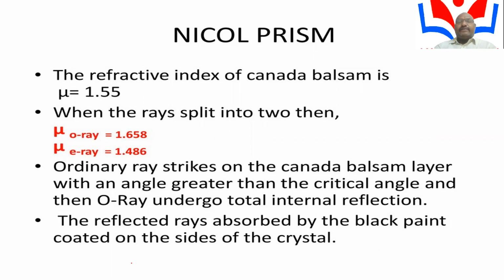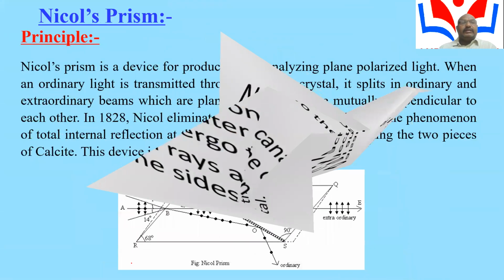What is total internal reflection? When the angle of incidence is greater than the critical angle, that is called total internal reflection. The reflected rays are absorbed by the black film coated on the sides of the crystal.